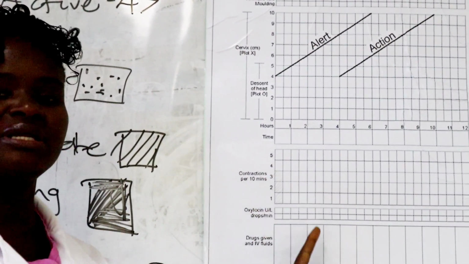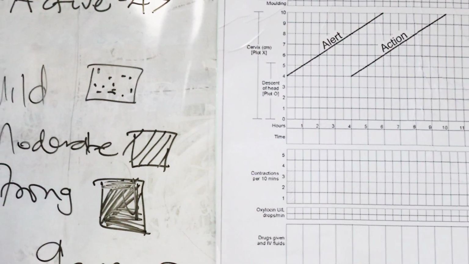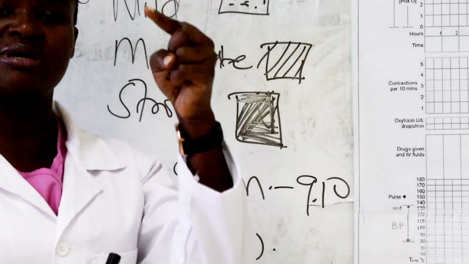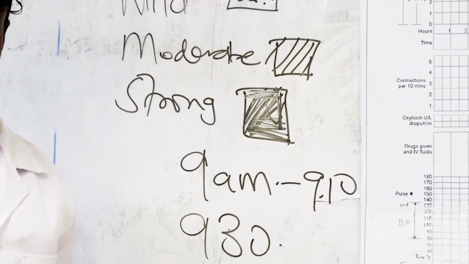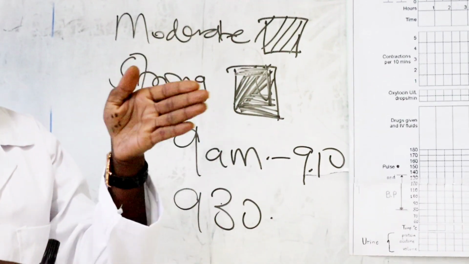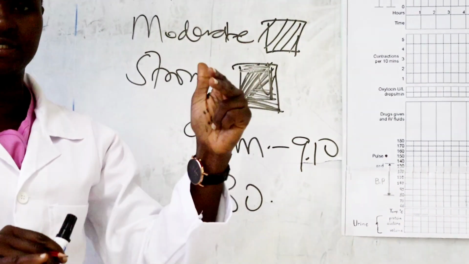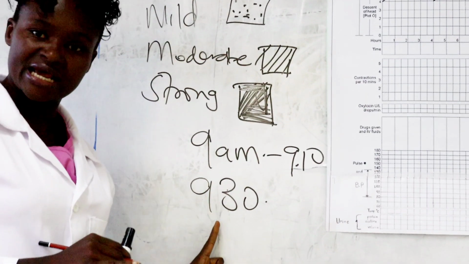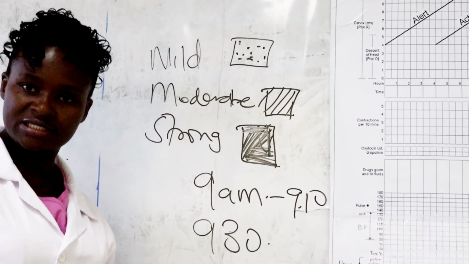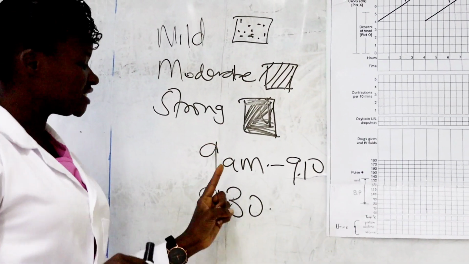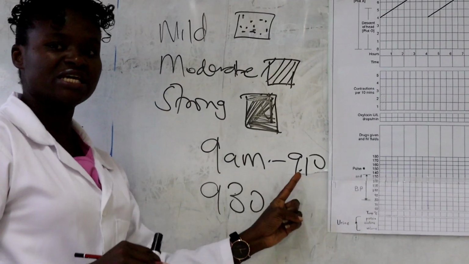Now, your next 30 minutes will not elapse at 9:40 as most of us will think. The next 30 minutes will be at 9:30, so that your interval remains after every 30 minutes from the time you started. So if you started at 9, your next interval will start at 9:30, 10, 10:30, 11, 11:30, like that. So it is not 9 and then the next one is 9:40.